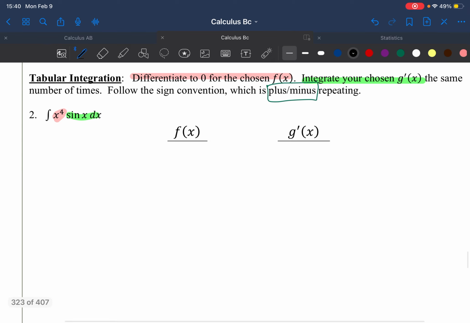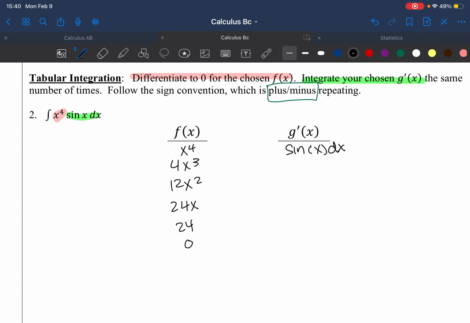Okay, so my f of x is x to the 4th, and again, I'm going to take the derivative until I get to 0. So that's 4x cubed, 12x squared, 24x, 24, and then 0. Okay, my g prime of x is sine of x dx.